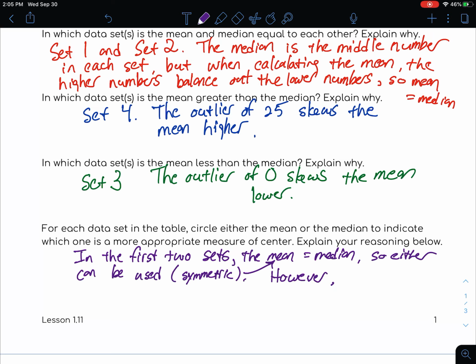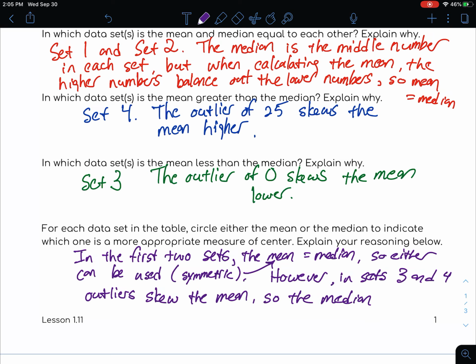However, in sets 3 and 4, outliers skew the mean.